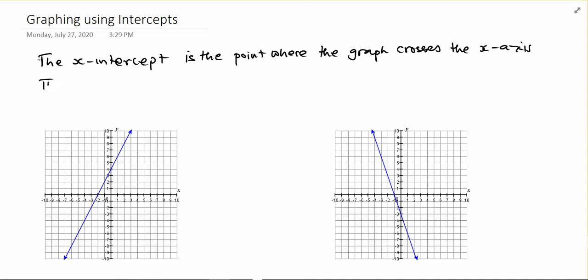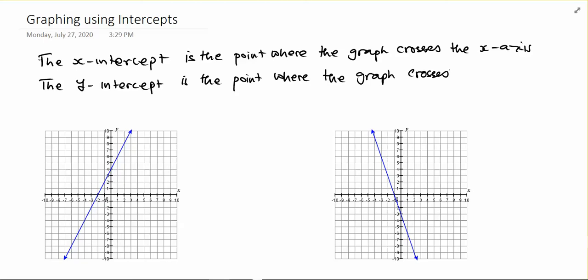The y-intercept is the point where the graph crosses the y-axis.